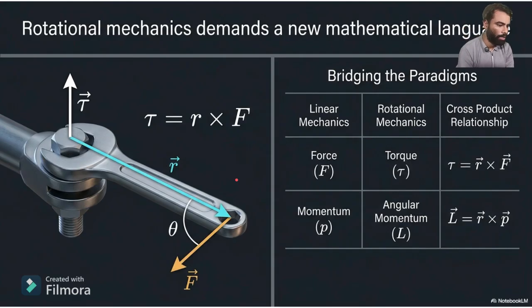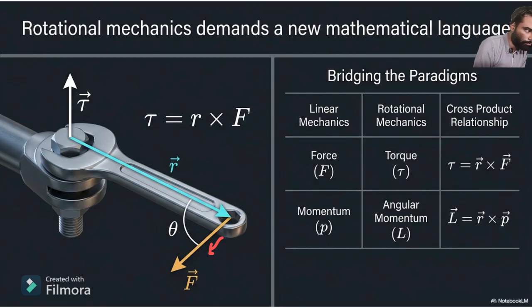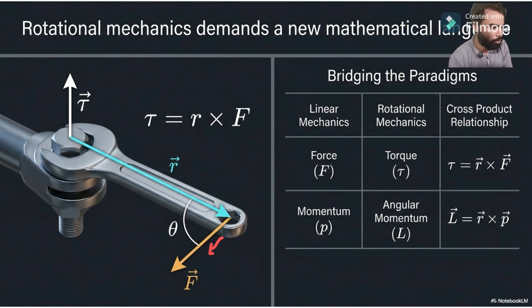Look at the scenario. Let's consider something from mechanics, like loosening a bolt with a wrench. There is a force acting toward this side, and the length of the wrench is r. Now if you observe, if this r is enlarged a little bit, it becomes easier to loosen the bolt, and the same holds in the case of tightening.